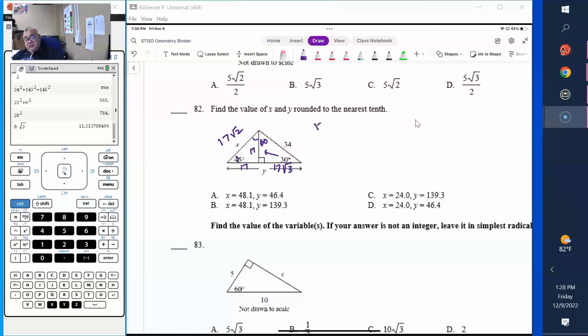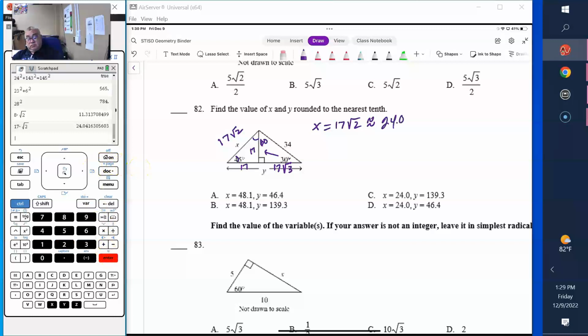So x is equal to 17 square root of 2. We have to figure out approximately what that is. Approximately 17 square root of 2, which is 24.0. And y is 17 plus 17 square root of 3.